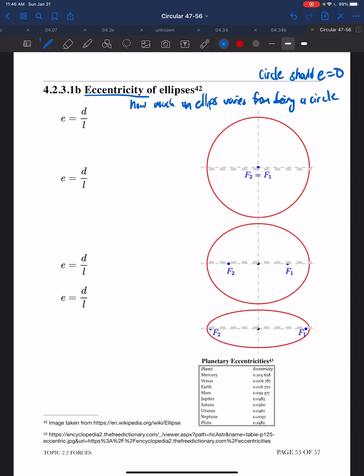So the tool we've come up with for that is the ratio of the distance between the foci and the length of the major axis.